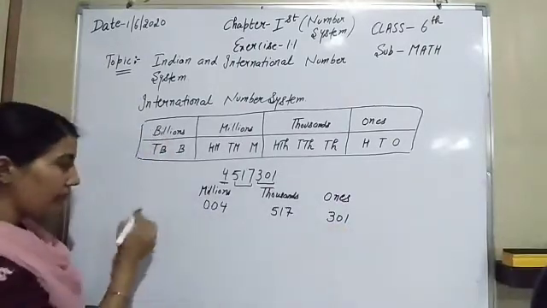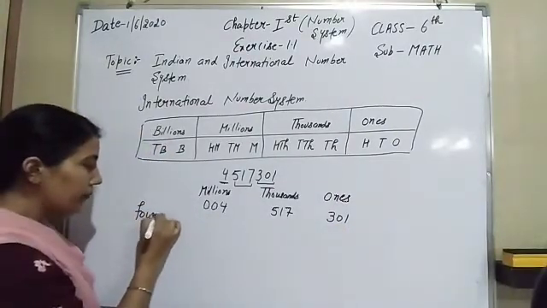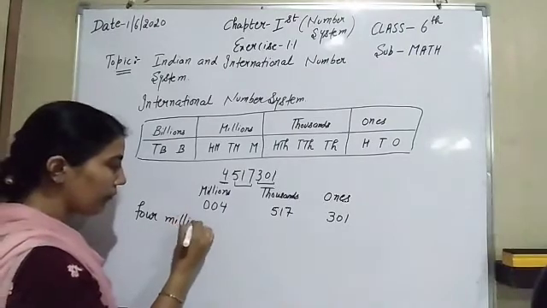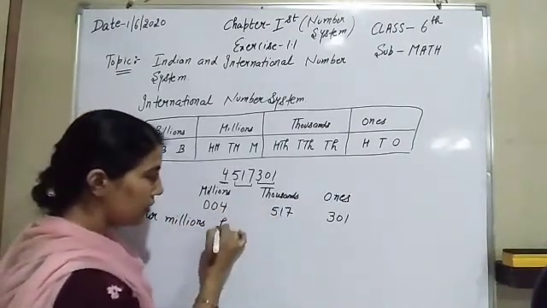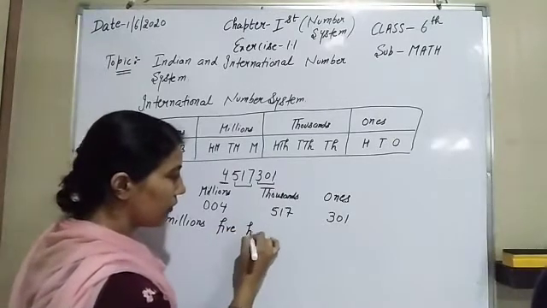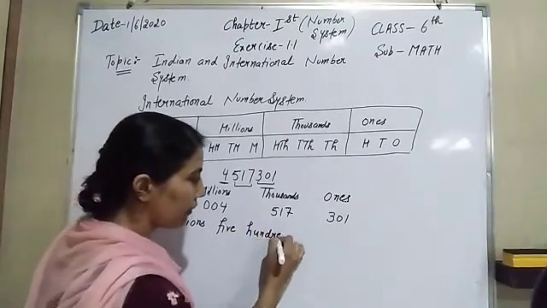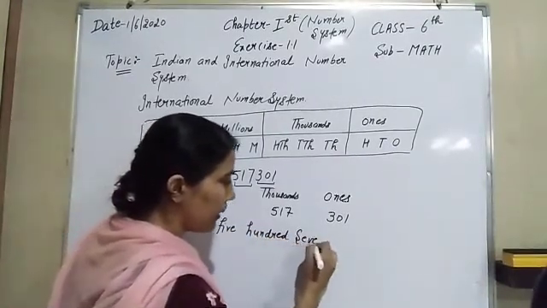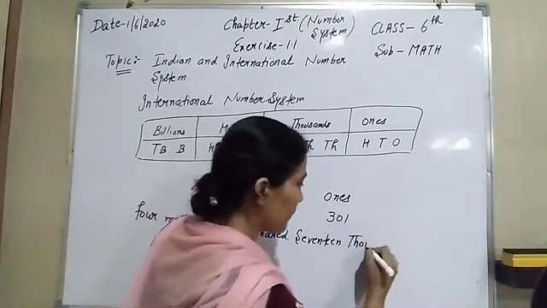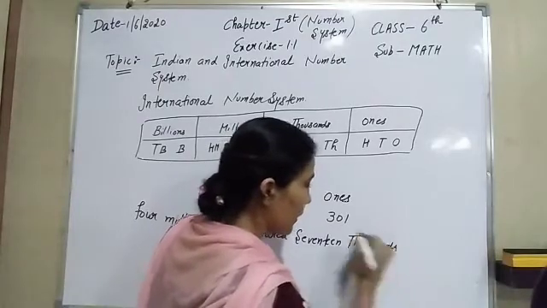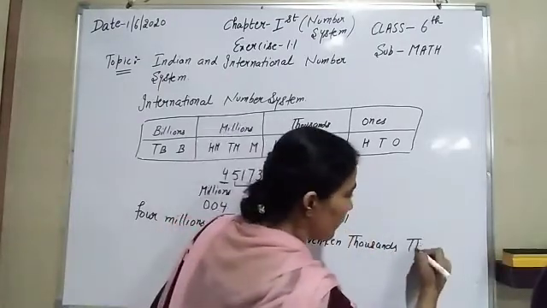Write it in this way: 4 millions 517,301.